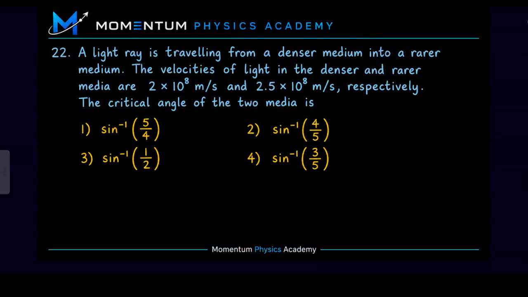A light ray is traveling from a denser medium into a rarer medium. The velocities are given. Critical angle they are asking.